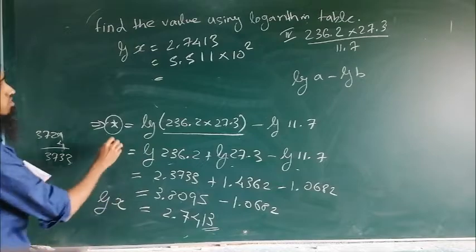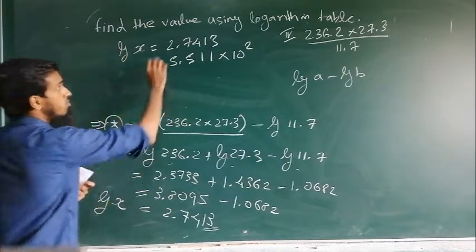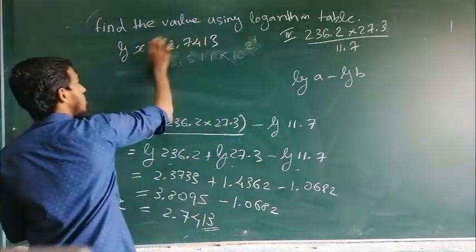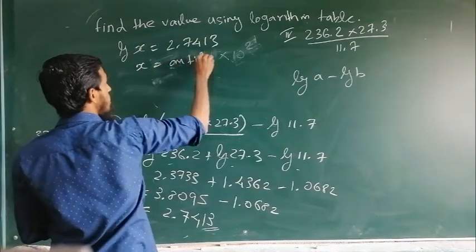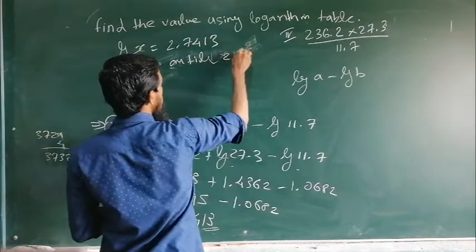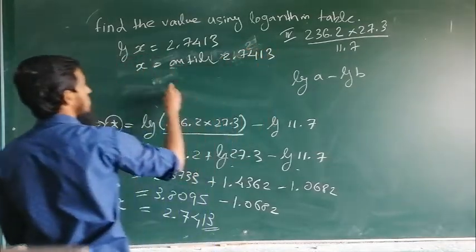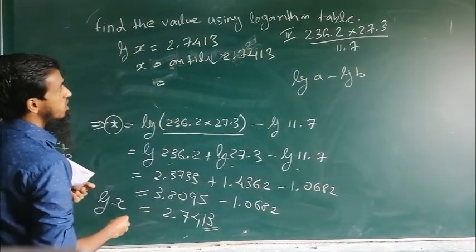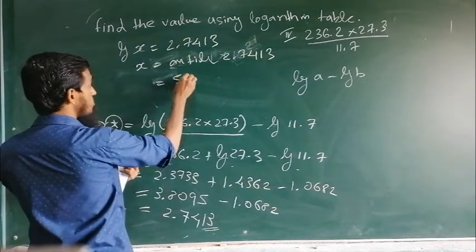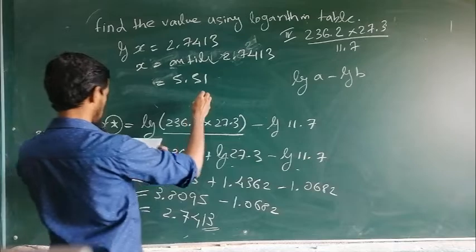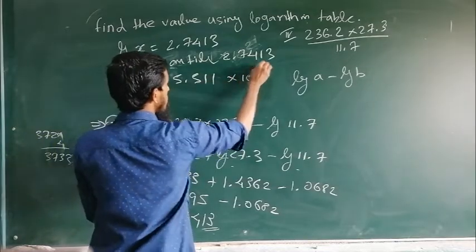So the last step, you need to write x equals antilog 2.7413. Then you are going to find the antilogarithm, that is 5.511 into 10 to the power 2.